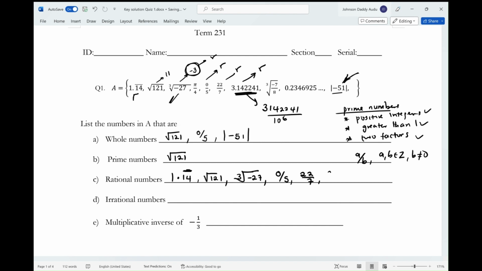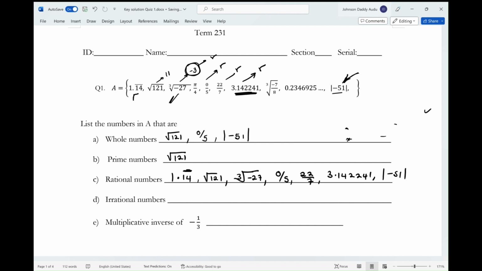So it means that it's a rational number. Okay. Then what else again? We also have the absolute value of minus 51. Yes. So I think these are all the rational numbers in the set.